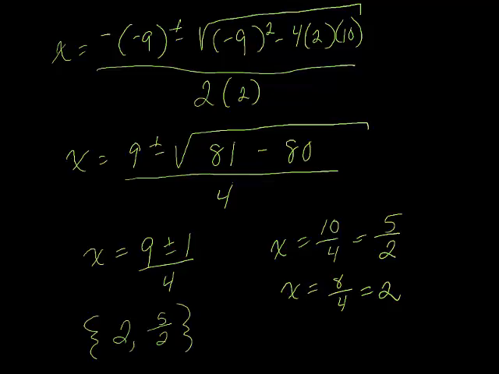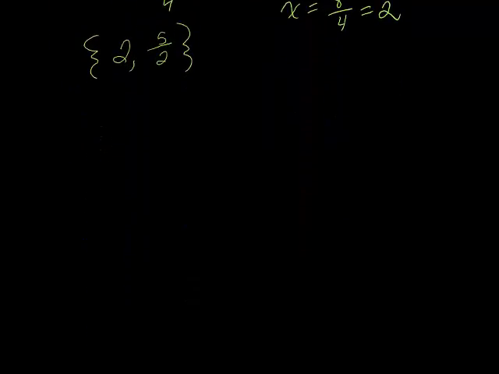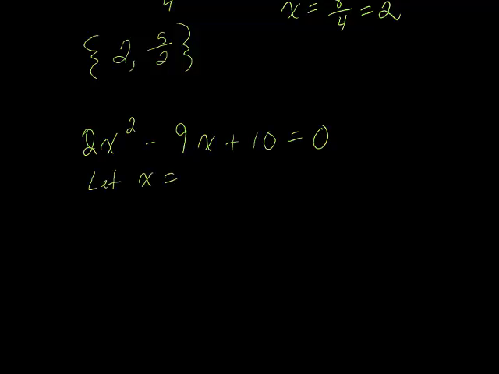So again, let's go ahead and bring this down a little bit so we have a little bit more space. And we have 2x squared minus 9x plus 10 equals 0. So now we're going to let x equal 2, and over here we're going to let x equal 2.5.